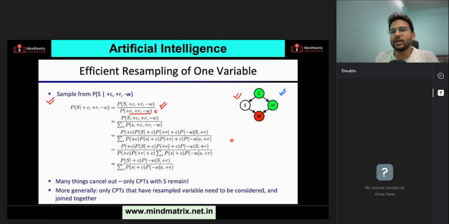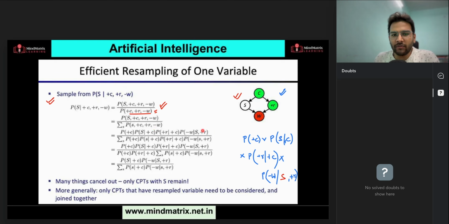You have this graphical model here. So you can simply say it is going to be the probability of plus C, multiplied by the probability of S given plus C, multiplied by the probability of plus R given plus C, and multiplied by the probability of minus W given S and plus R. It should be S, not plus S, because here we are selecting this as the non-evidence variable on which we are doing resampling.